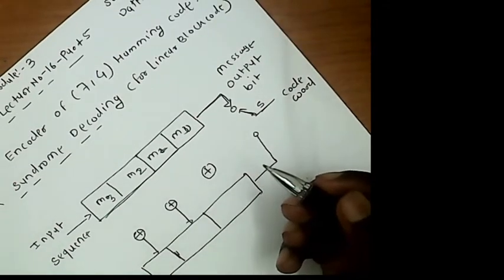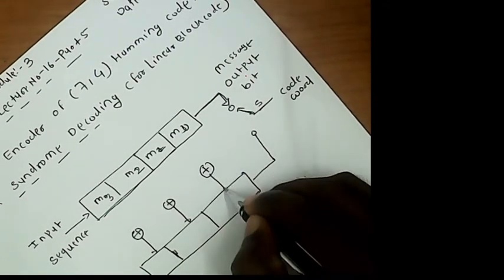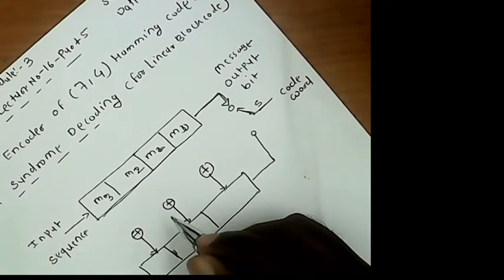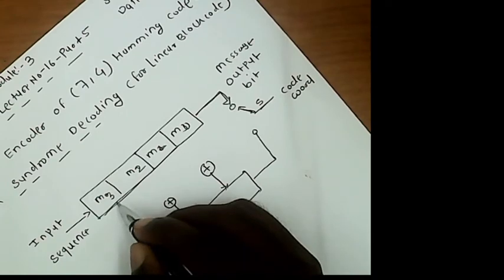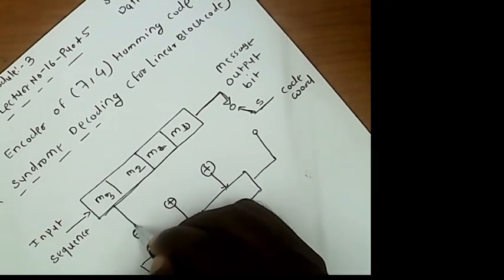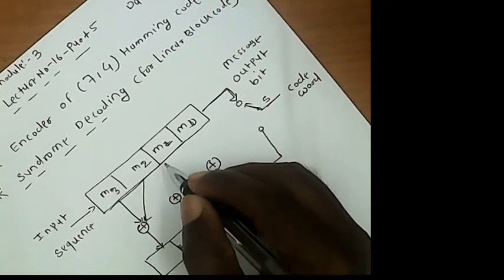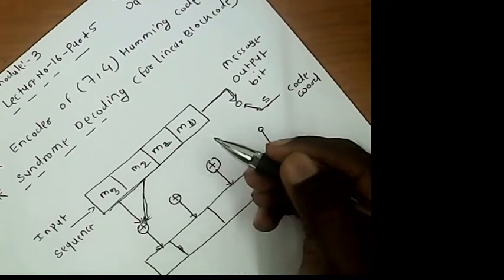By taking the XOR operation or arithmetic modulo 2 operations. This is just for simplification purposes.